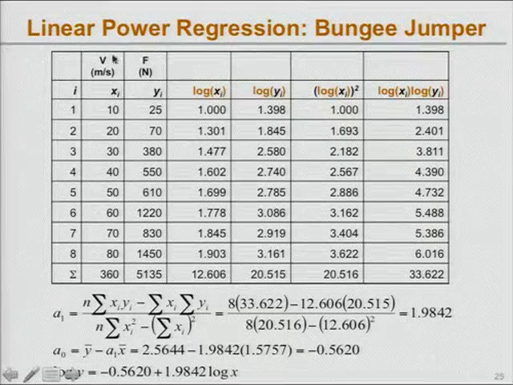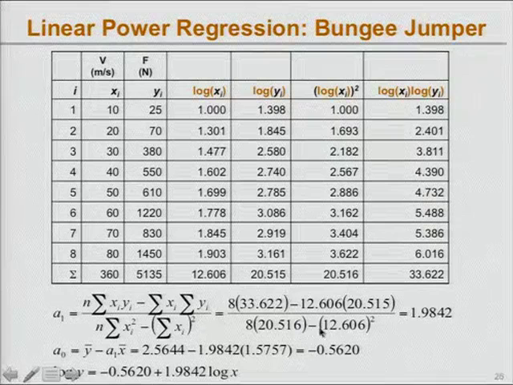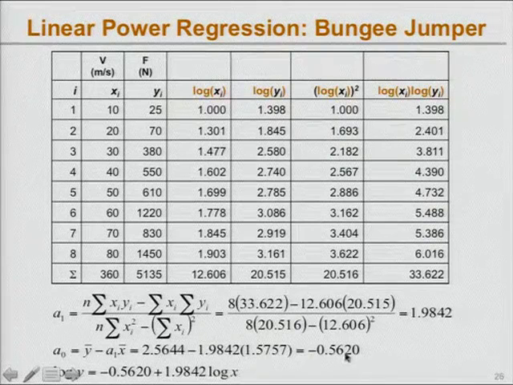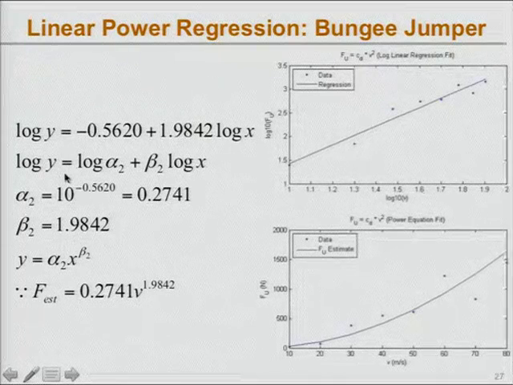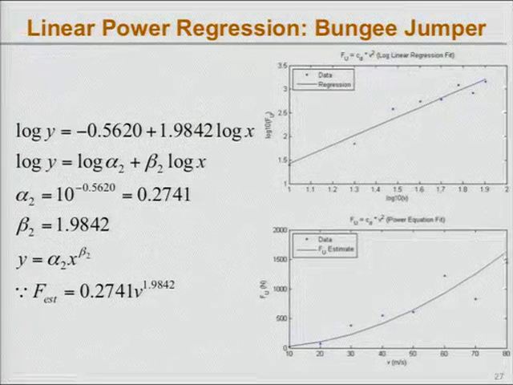So if we put down our v and f, which is our x and y, as we did before, we take the log of x, put it in that column, the log of y, put it in that column, take the square of the log x's, the product of log x times log y, we sum them up, we put them into this equation, and we end up with our coefficient that comes out of here of a1 being 1.984 and a0 being negative 0.56. So our equation then is log y is equal to negative 0.56 plus that, but remember now we actually want to get back to x and y, not log x and log y.